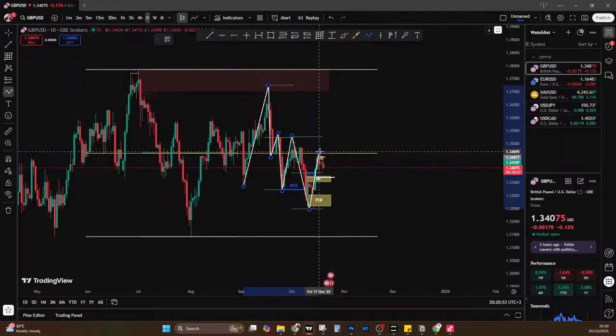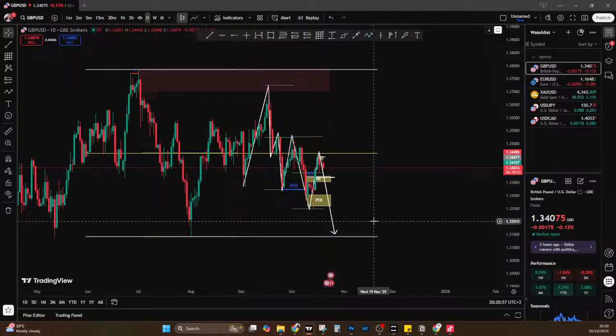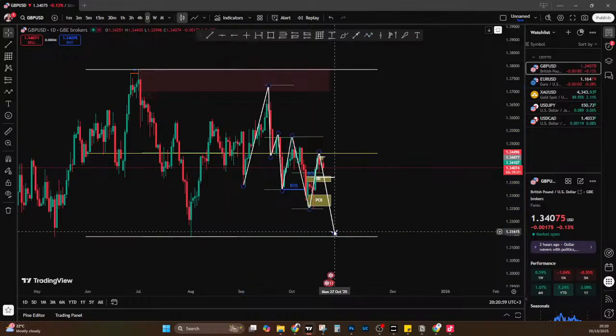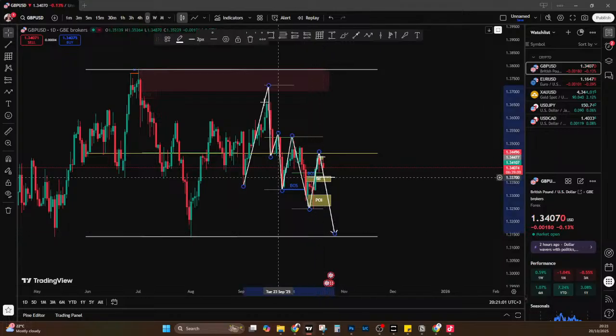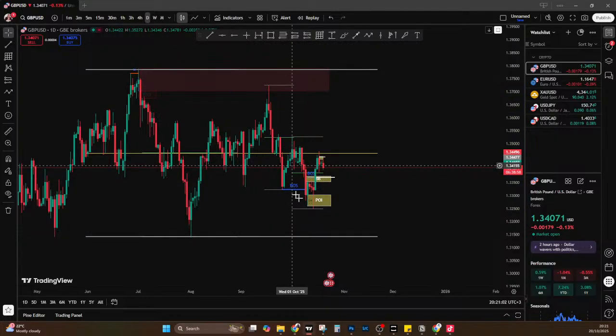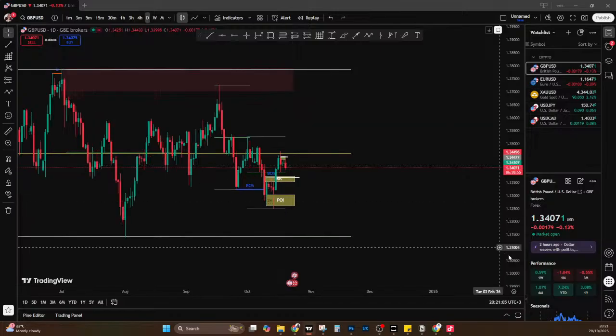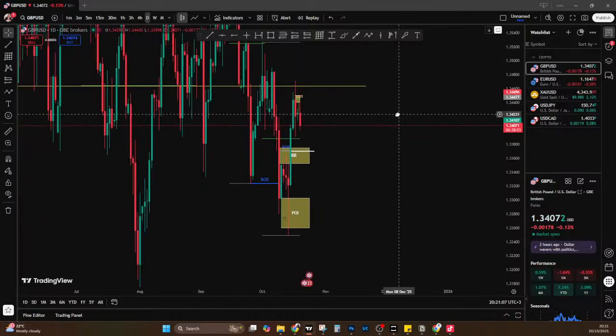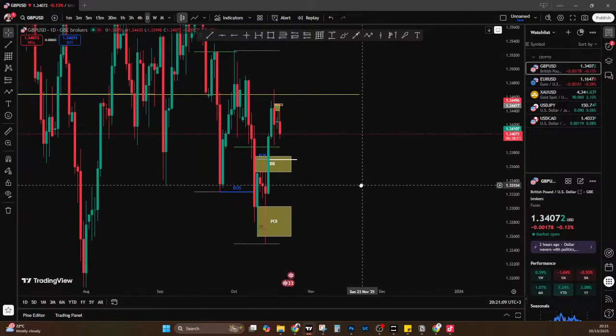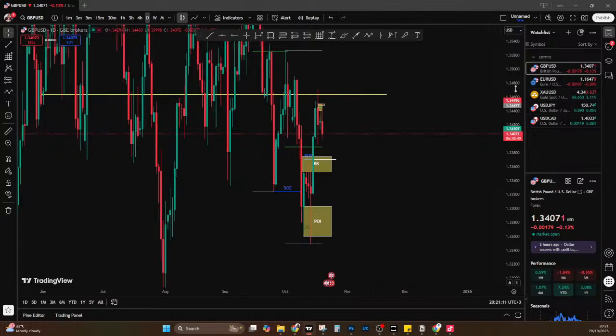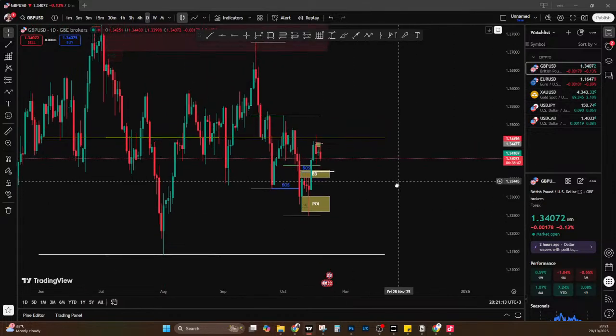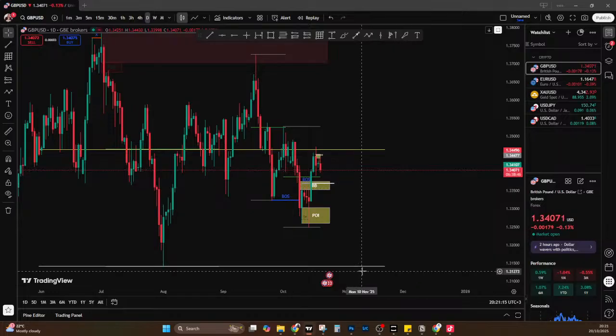So what are we expecting? We are expecting the market to make a lower low. That means we have a trading range. After every break of market structure, the market does what? Creates a new trading range.